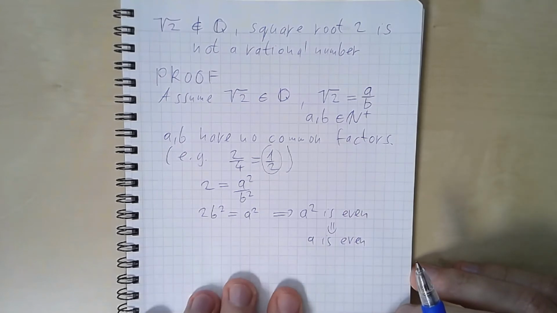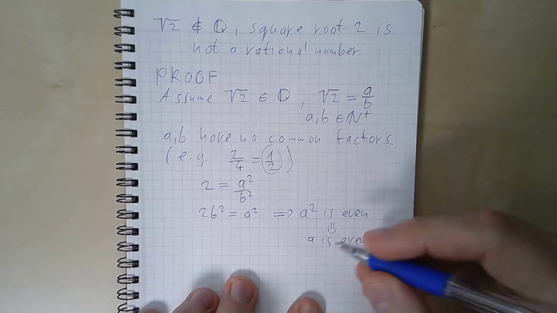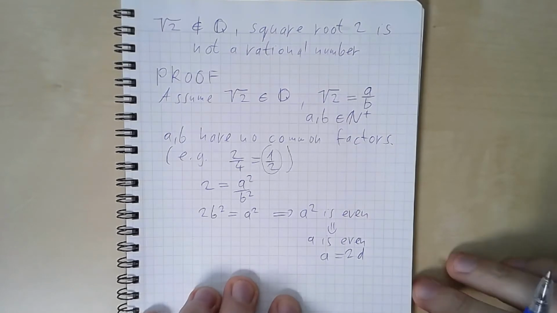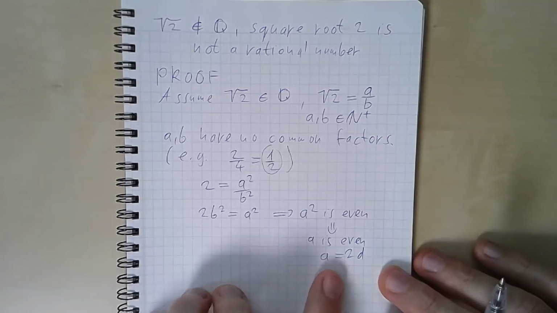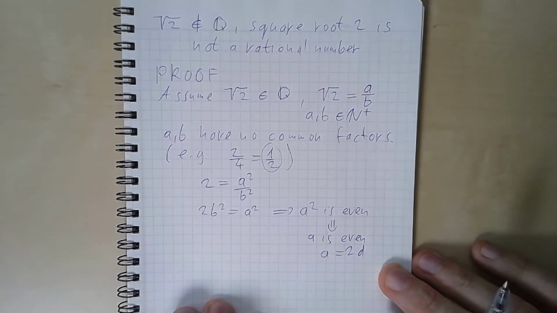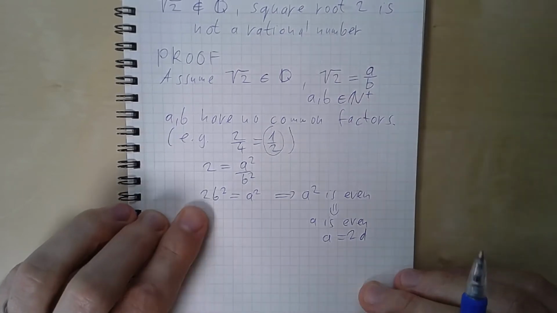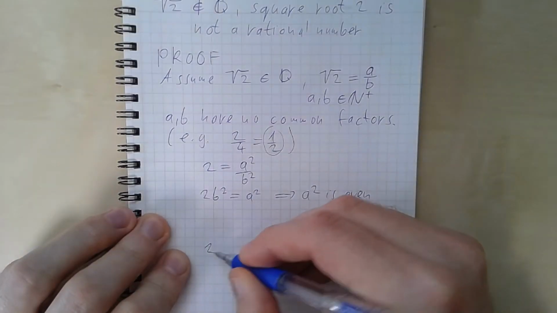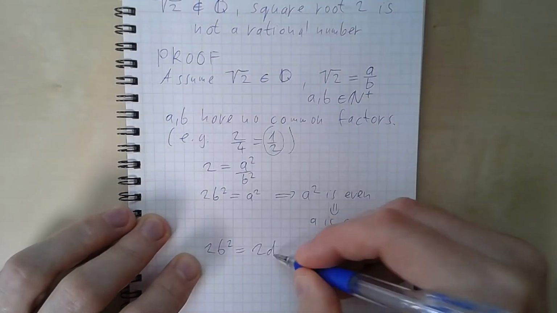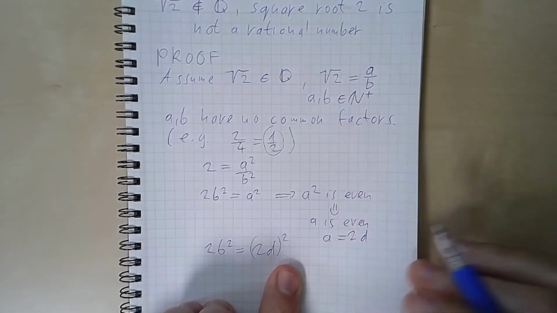So if a is even, then I can write a as 2 times d, where d is just a suitable number for that. So a equals 2 times d. And now what I do is that I look at this one, 2 times b squared equals, and now instead of a I write 2 times d. That's just to make sure that this is actually squared.